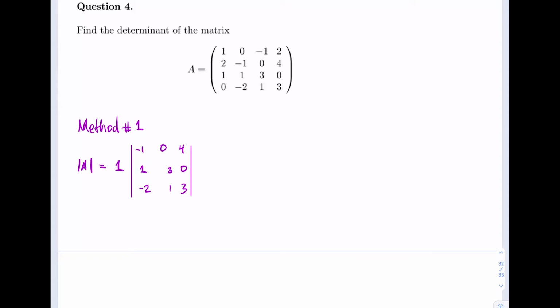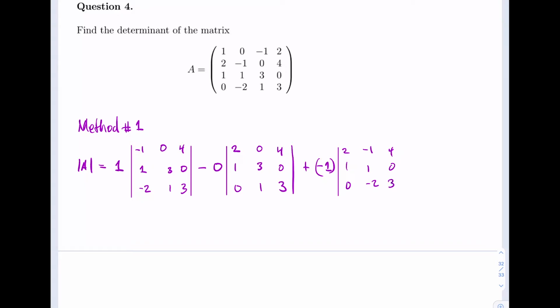And then minus 0 times the cofactor 2, 1, 0, 0, 3, 1, 4, 0, 3, plus -1 times the cofactor of 2, 1, 0, -1, 1, -2, 4, 0, 3.